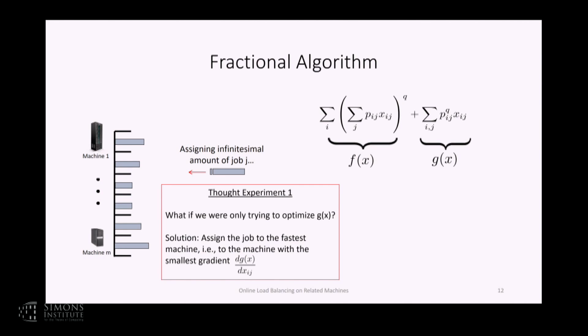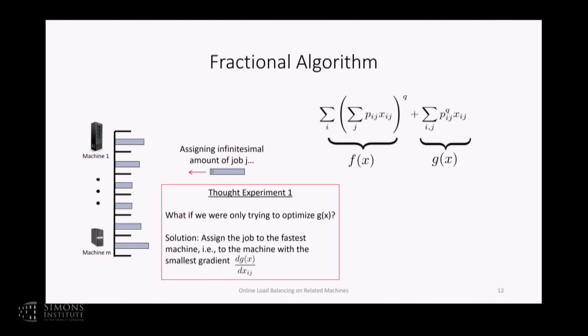The more complicated one is, what if I only had the first term? One thing to note is that the first term, f(x), is a load-dependent term. It depends on what I have done in the past. The second term does not care. It's a linear term, so it only depends on what I am doing with the current job. For the first term, if you think about it for a minute, you'll see that the best thing I can hope to do is keep the derivative the same across all the machines.